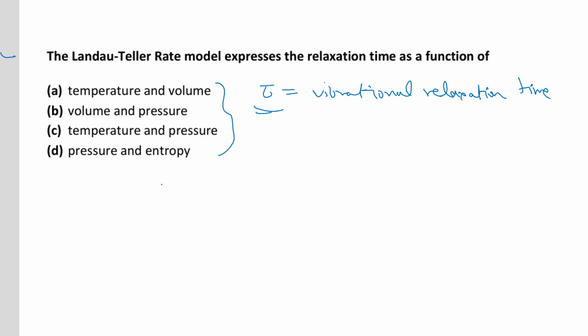So the Landau-Teller rate model is given by tau v equal to c1 e to the power c2 upon T to the power 1 by 3. Here c1 and c2 are two constants which can be found from experiments.